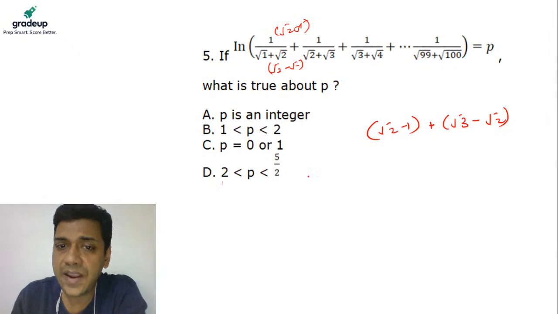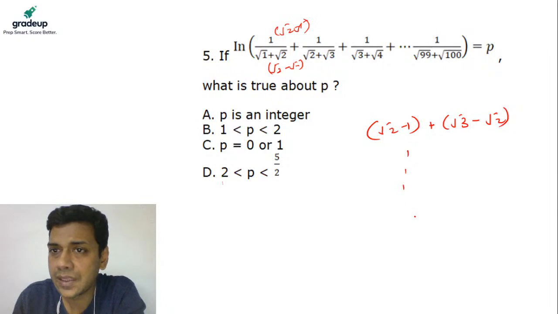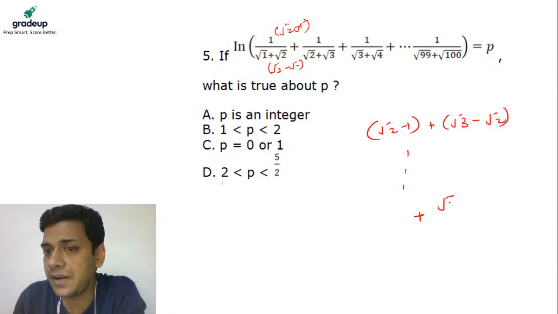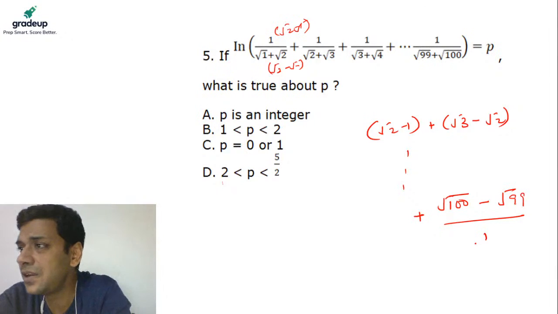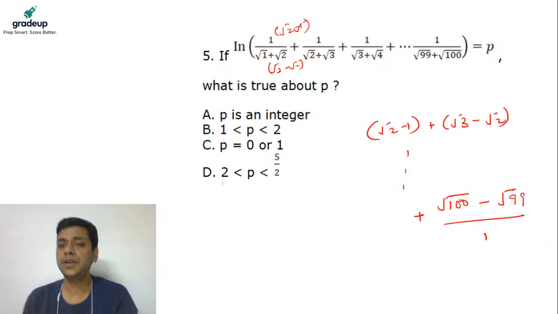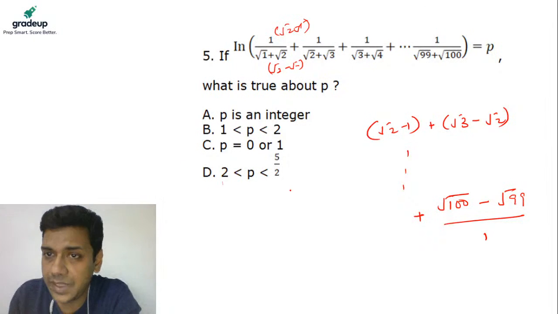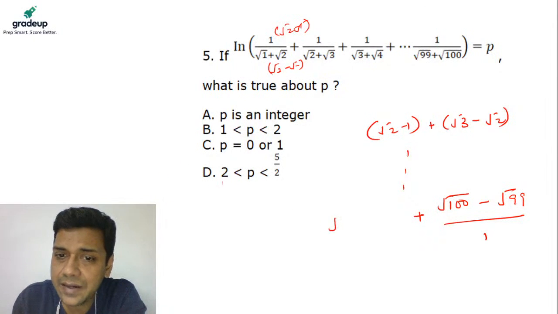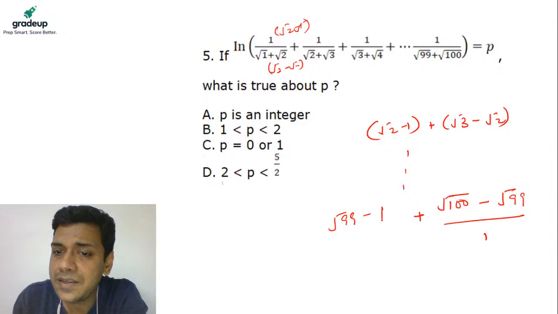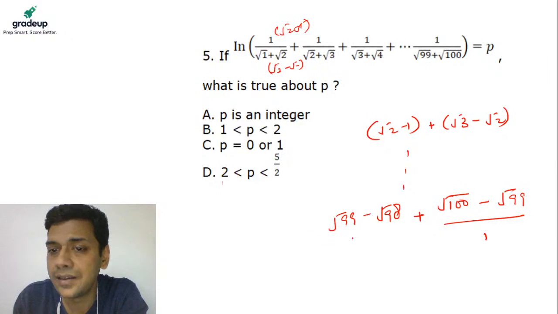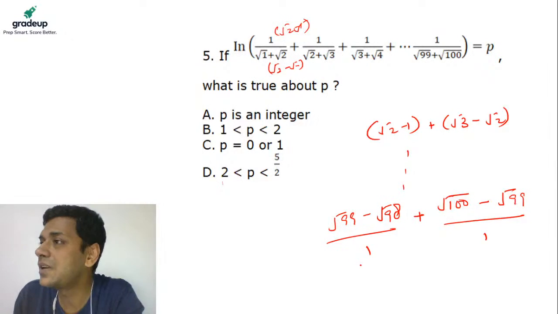And if I continue the same way, for my last number, if I multiply both numerator and denominator by root 100 minus root 99, my denominator will become 1 and my numerator will become root 100 minus root 99. Just before that, I will get root 99 minus root 98 divided by 1.